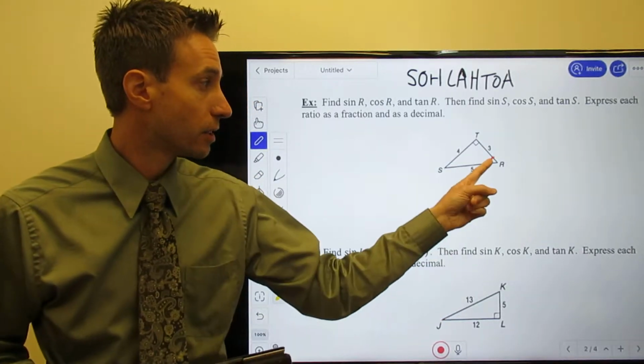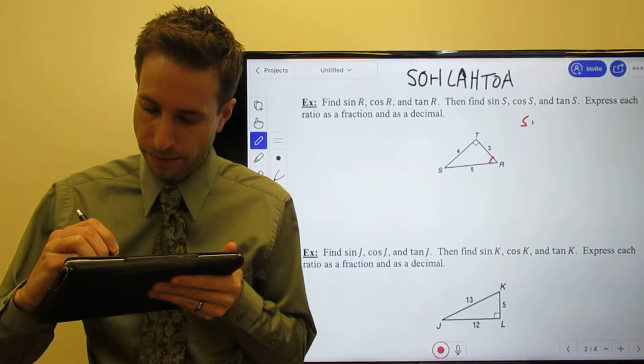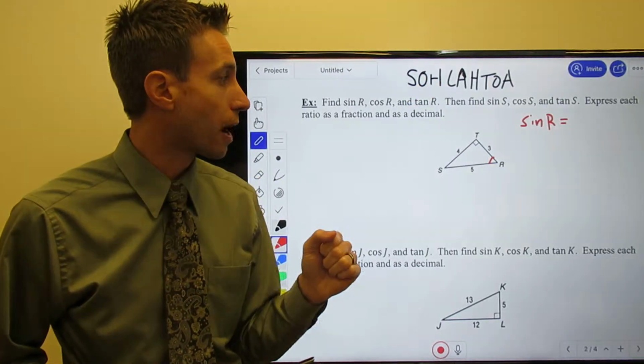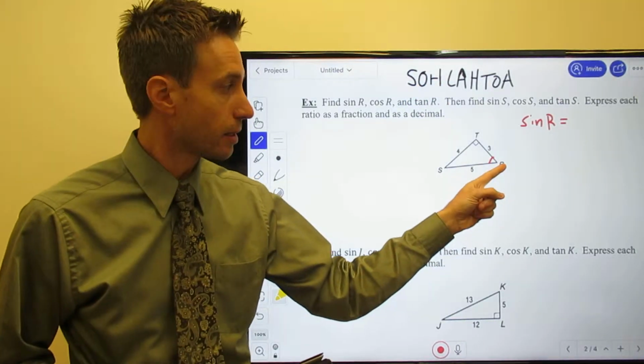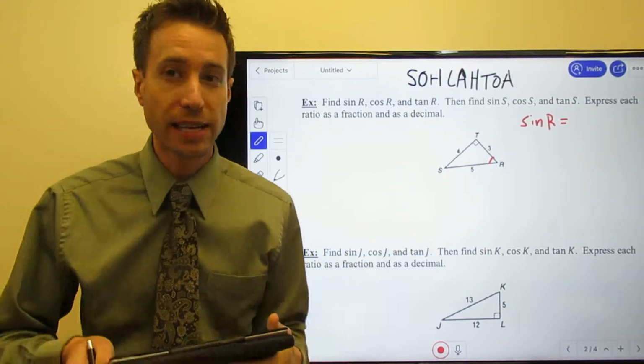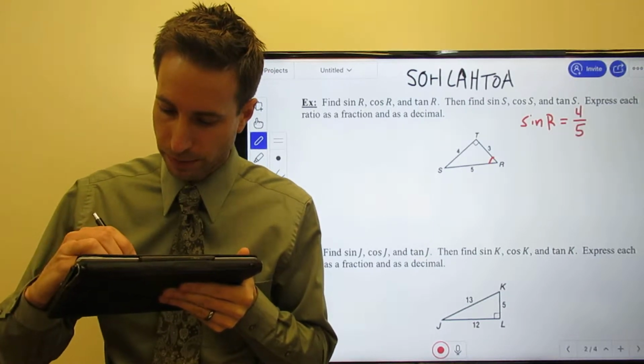There's angle R. So let's go ahead and write our trig functions for R. First, sine of R. Well, sine is opposite over hypotenuse. If this is R, opposite is across from the angle, so that's 4. Hypotenuse is the longest side, that's 5. So 4 over 5. Cosine.